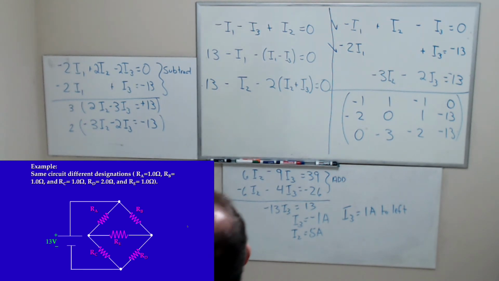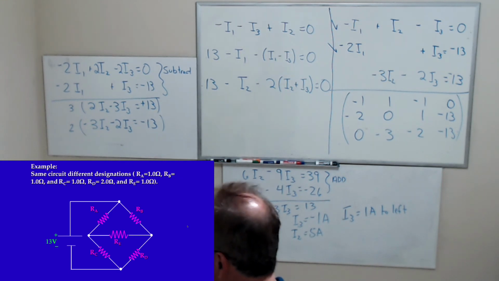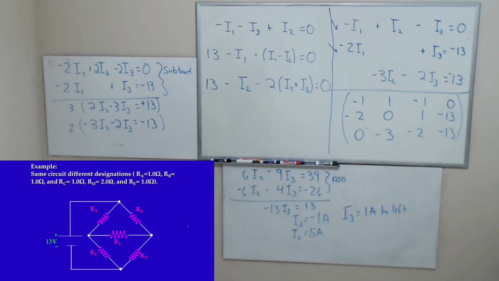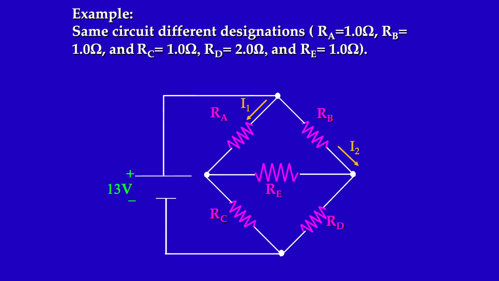So I set up this problem a different way, just showing you it doesn't matter how you designate the currents. This problem is solved in your notes. I'm still writing all the currents in this figure. In fact, let me make this picture larger. I wrote all the currents as I1, I2, I3.